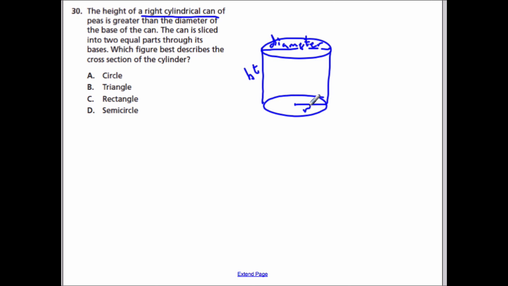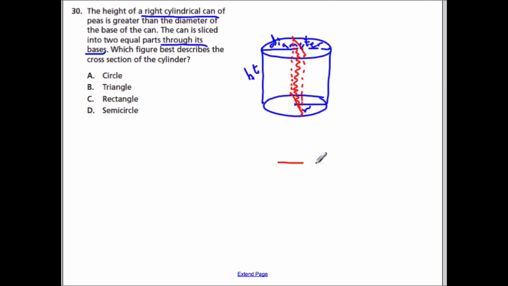It says the can is sliced into 2 equal parts through its bases. So you have to think about a saw coming down and cutting it right through the base. It keeps going down to this end, and cuts through this base. What kind of shape does it leave you with? Some people would say a parallelogram because of the way it looks, but this is three-dimensional.